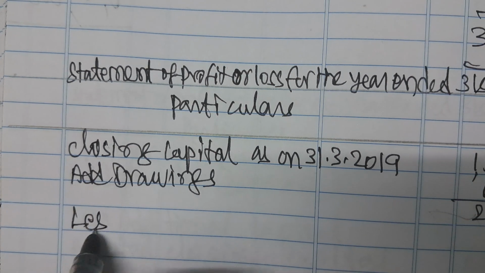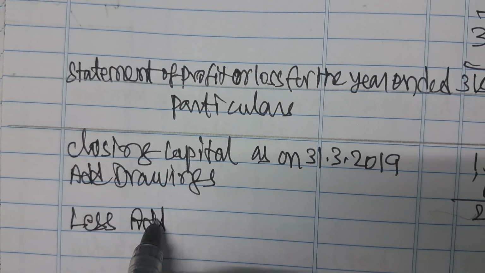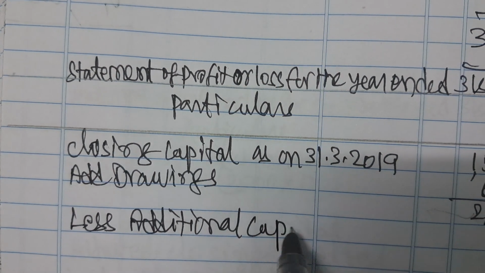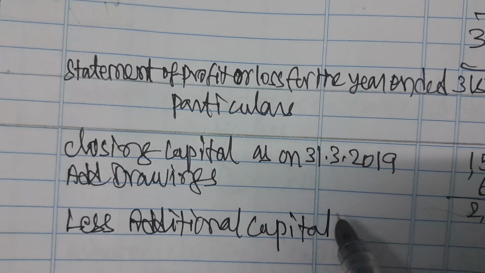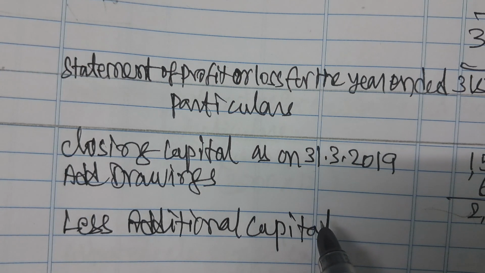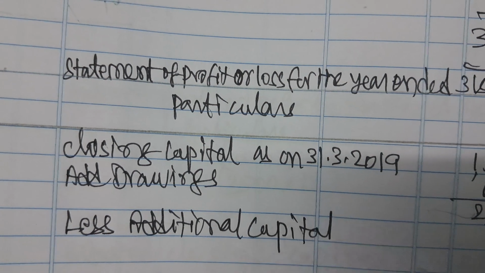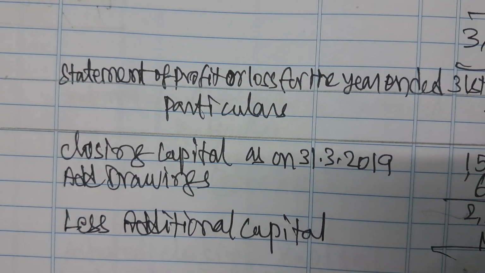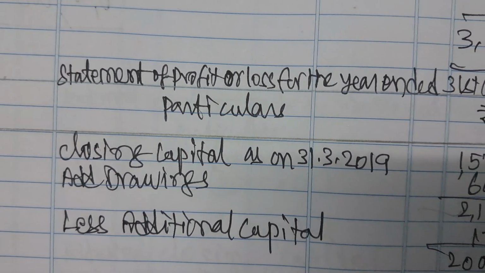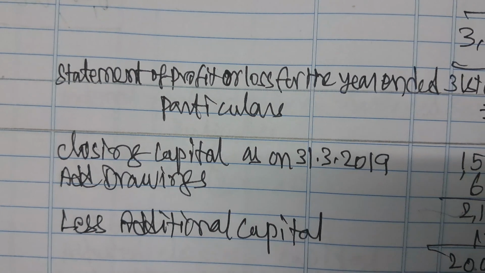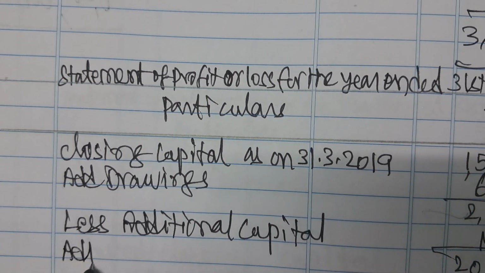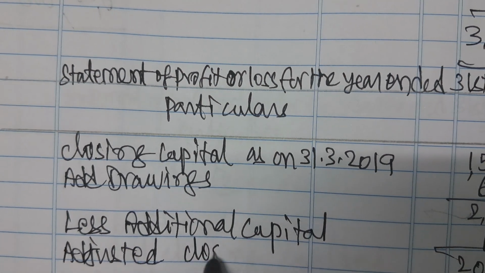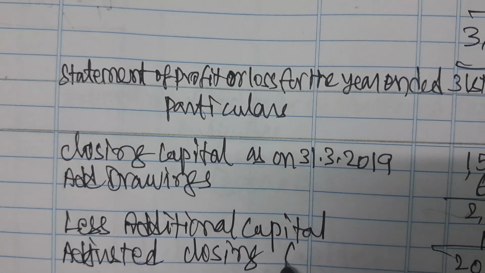Less additional capital 17,000. This should be deducted, so we get 2 lakhs. 2 lakhs is the adjusted closing capital.